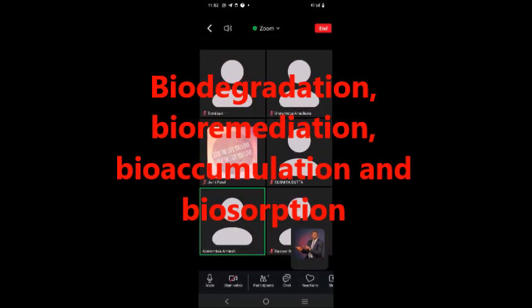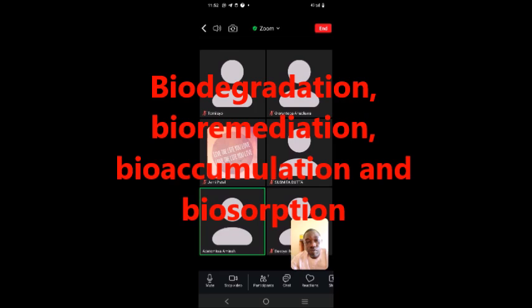Yes, sir. Then we have the interconnections and relationships between the four concepts I'm dealing with. We have synergies between bioremediation, biodegradation, bioaccumulation, and biosorption. Biodegradation enhances biosorption.